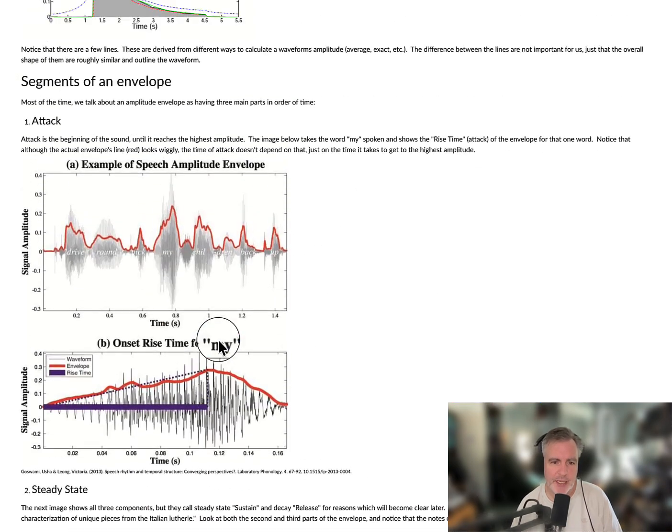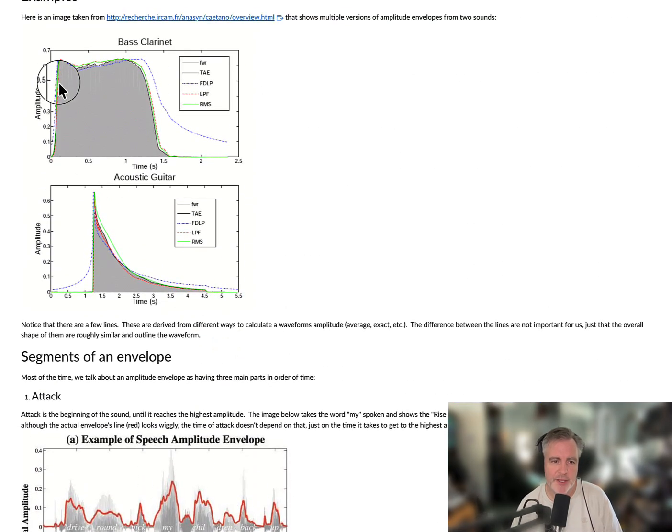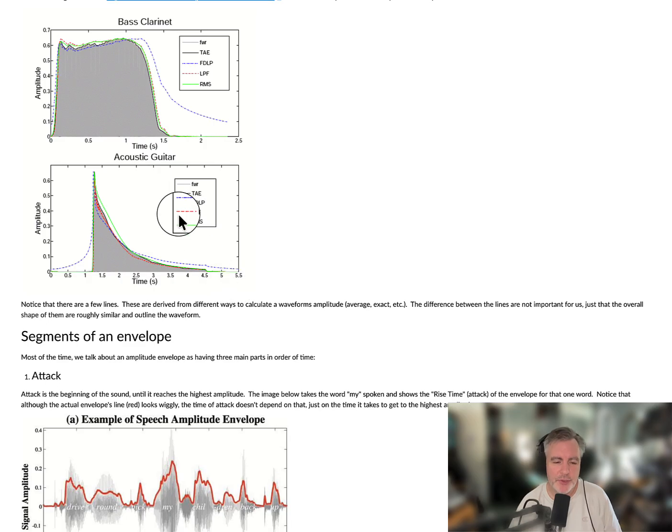So if I go back up to these, the bass clarinet dies pretty quickly because it needs that blowing of air to produce a tone. The guitar, on the other hand, although it does die away quickly, just has to stop vibrating after a period of time, so it's going to take a little bit longer to decay away. Interesting.